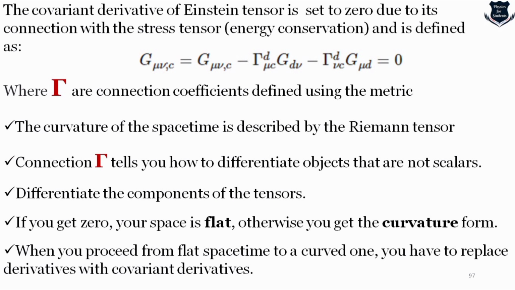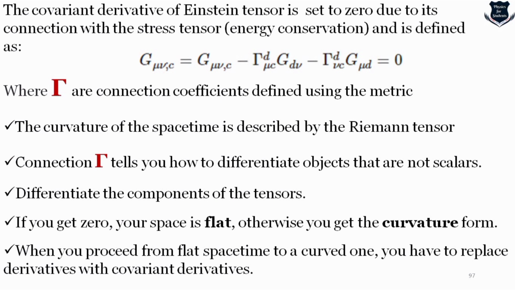Hence, if the geometry is produced by the energy-momentum tensor, whatever is on the other side of the equation must have a vanishing divergence, and that is how Einstein originally guessed the equation. So that is how the connection, which will come later when we talk about the Riemann curvature tensor, is related to Christoffel symbols, etc.